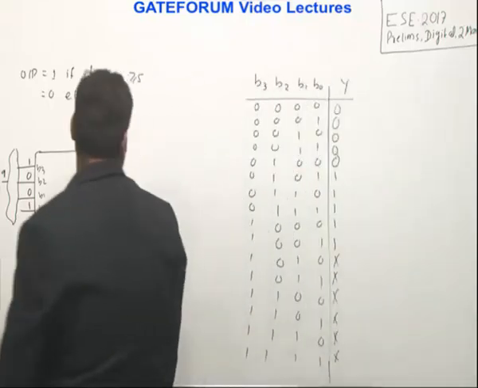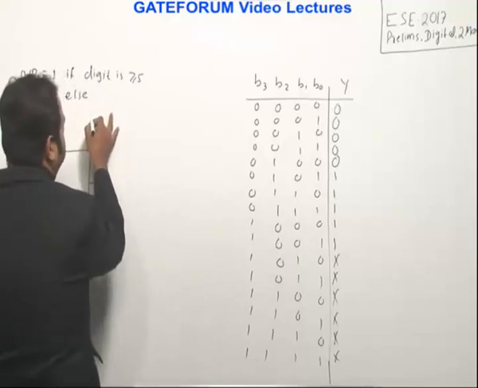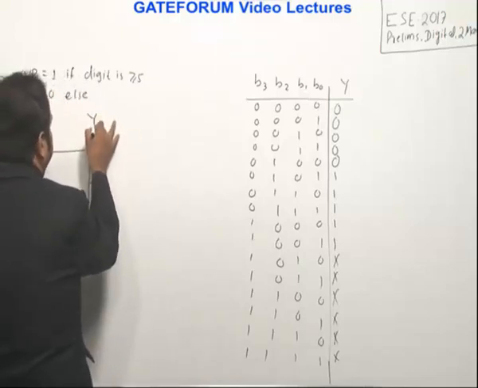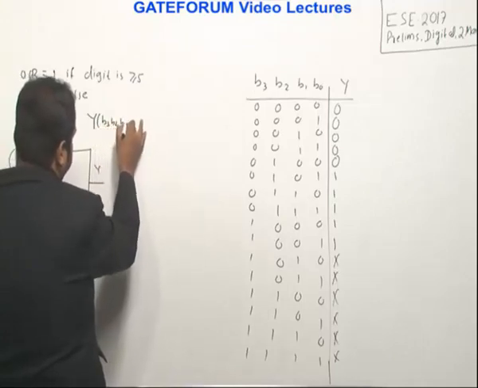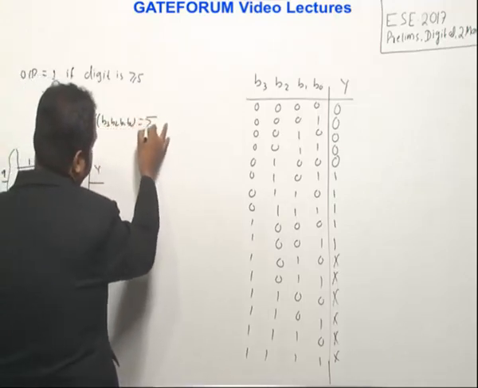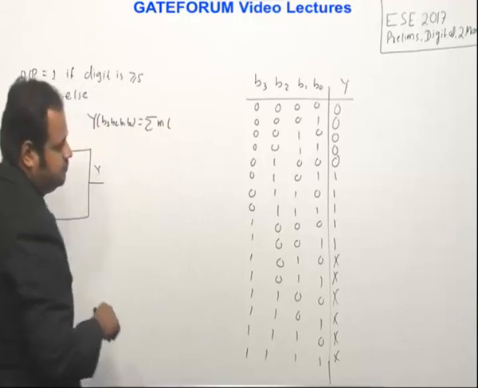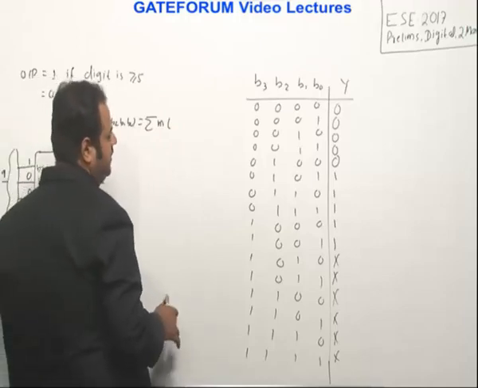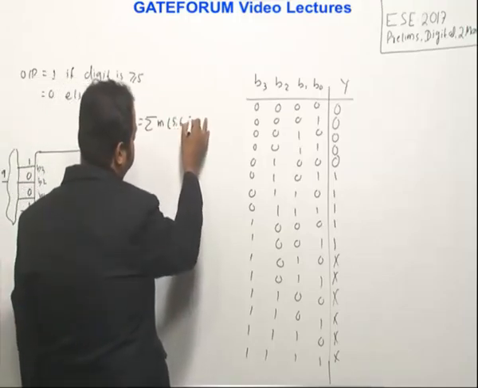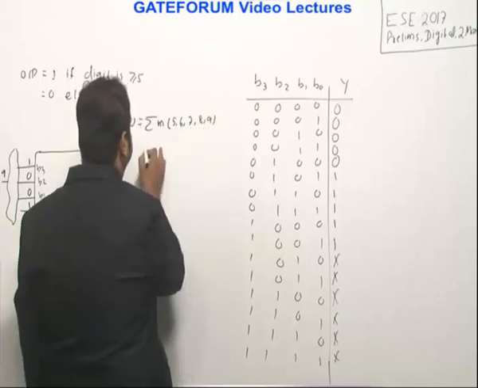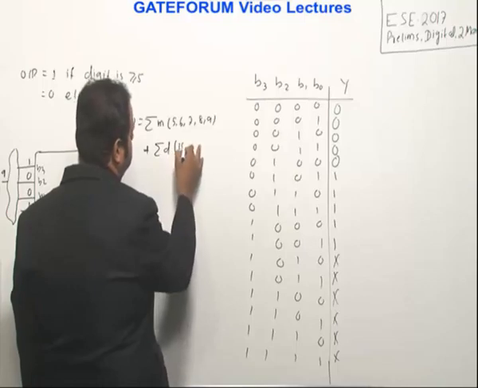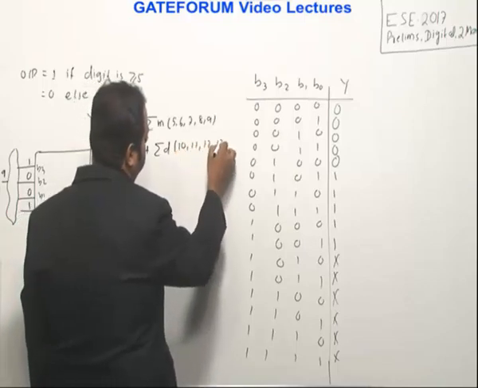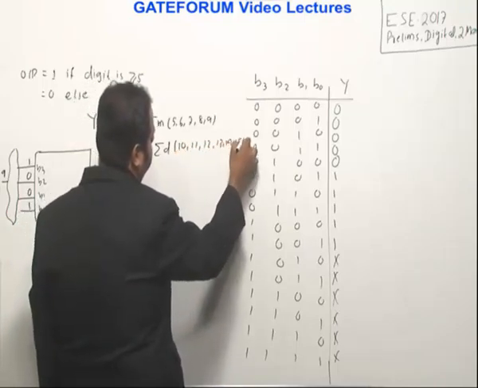So if I ask you what are the min terms or the representation of this Y, then what should you say? Y as a function of B3, B2, B1, B0 has the min terms 5, 6, 7, 8, 9 plus don't cares of 10, 11, 12, 13, 14 and 15.